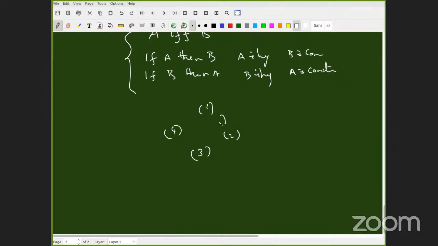They will prove this cycle: 1 implies 2, 2 implies 3, 3 implies 4, 4 implies 1. By that, what do I mean? Keep 1 as hypothesis, prove 2 as conclusion. Keep 2 as hypothesis, prove 3 as conclusion. Likewise, therefore I am giving only 4 proofs.